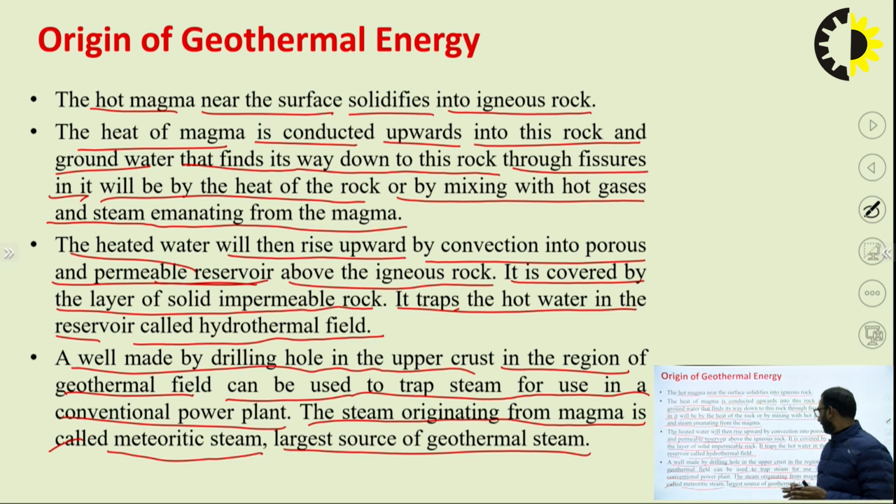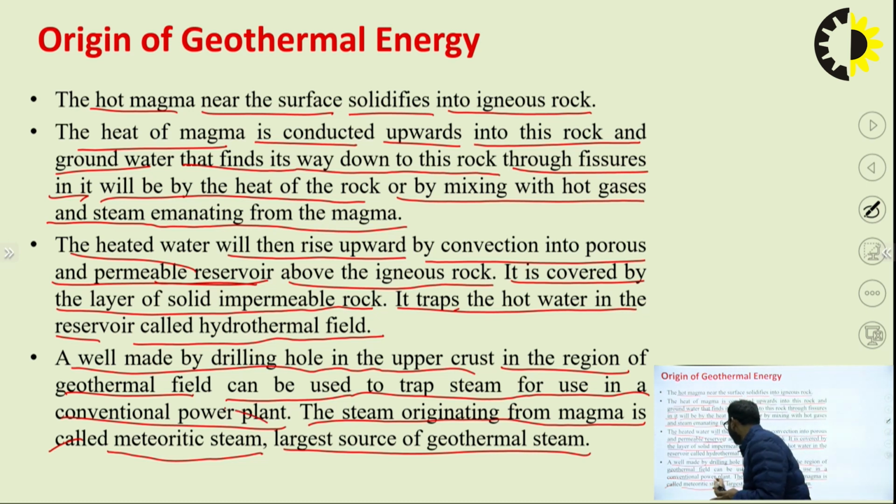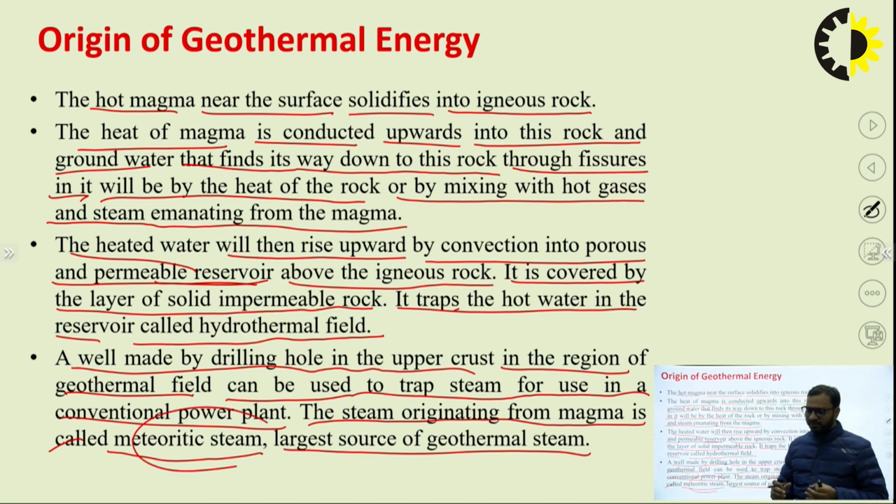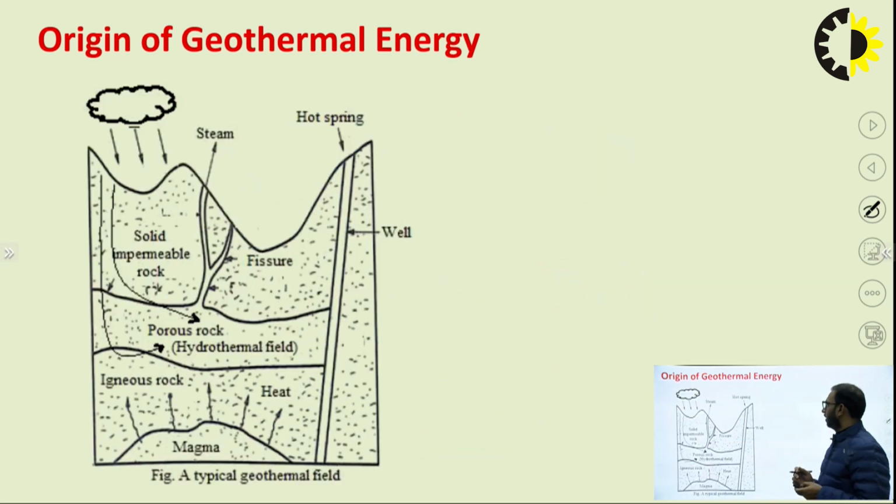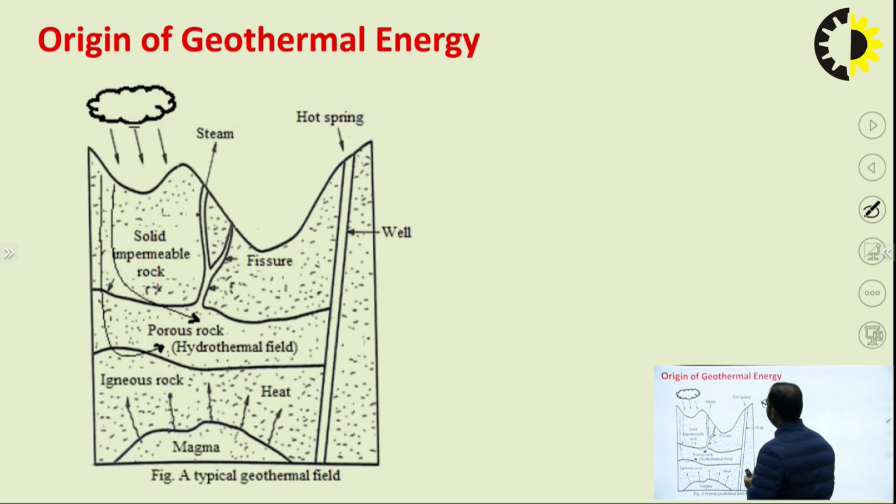So with the help of this meteoritic steam, we can use it for the production of electricity, and this is the main, largest source of geothermal energy. This is the origin of geothermal.